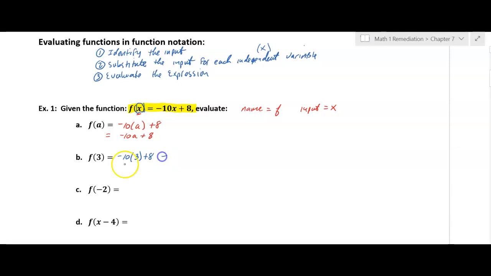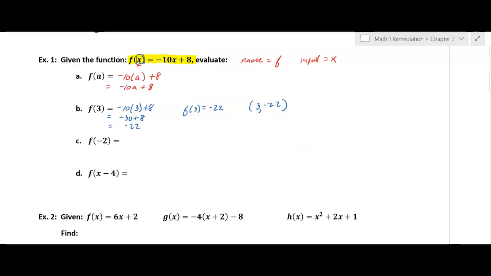Negative 10 times 3 is negative 30. Negative 30 plus 8 is going to give me negative 22. So f of 3 is negative 22. And if I wanted to write an ordered pair out of this, it would be 3, negative 22.